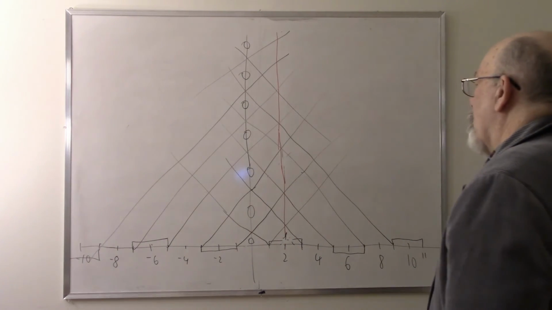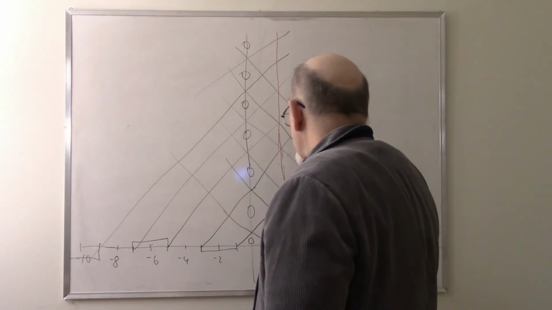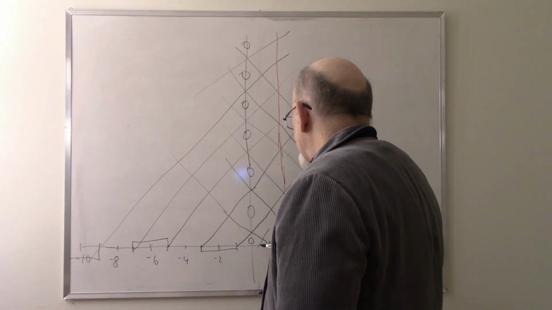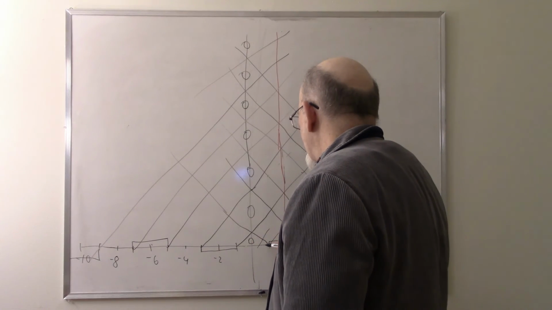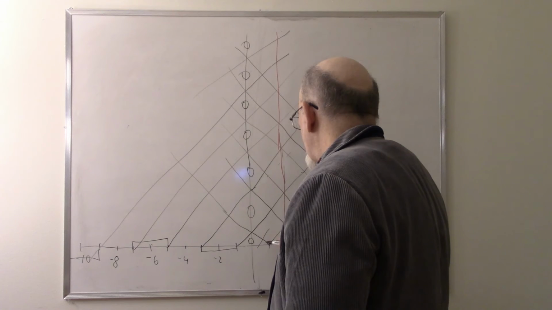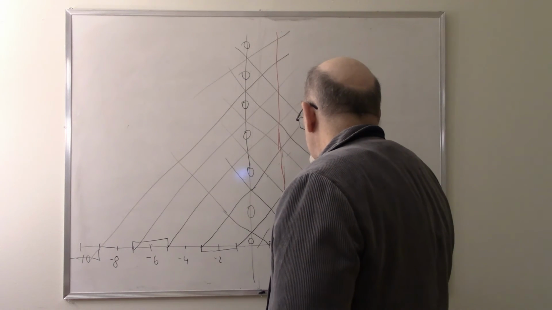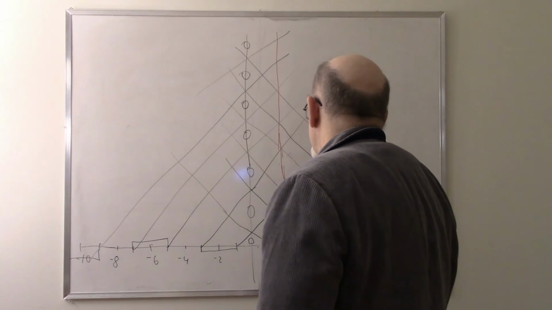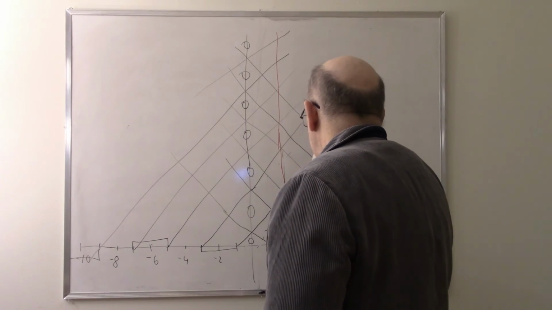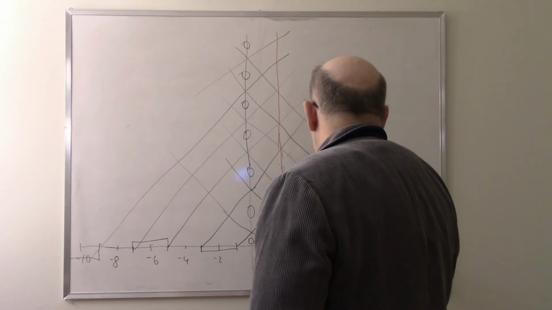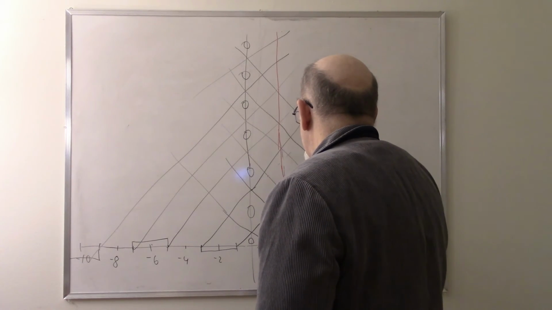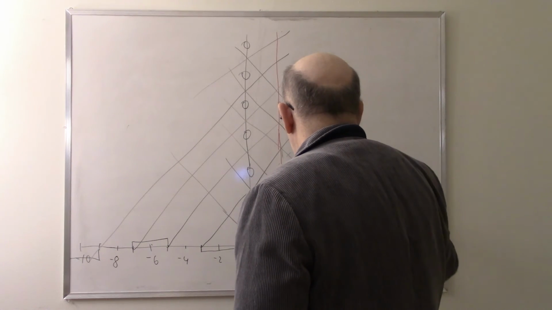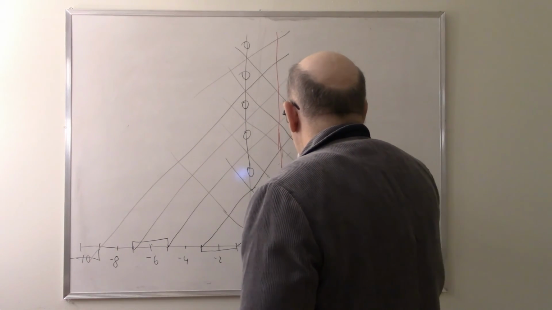In this square, one characteristic crosses the x-axis where u is 0, the other where u is 1. So here it is 1/2. Here it is 0, here it is 0, here it is 0. Here it is 1.